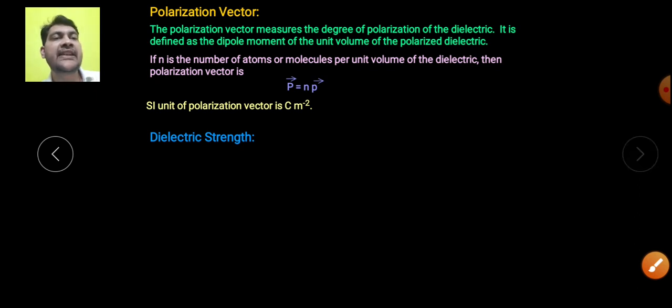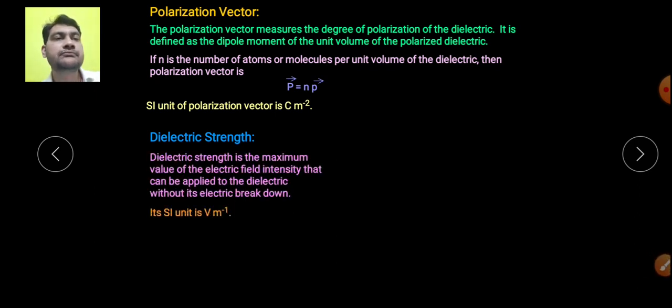Dielectric strength we have already studied. Dielectric strength is the maximum value of electric field intensity that can be applied to dielectric without its electric breakdown. Students, we know that when we place any substance in electric field, then reorientation of molecules takes place. The molecules get distorted because of external electric field.